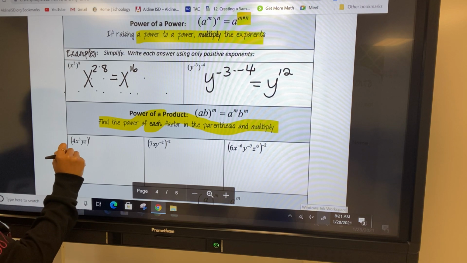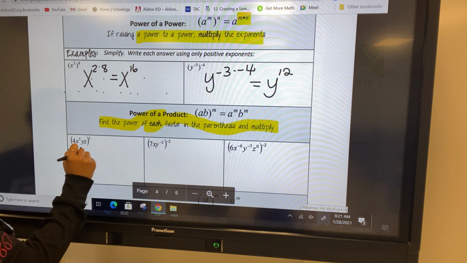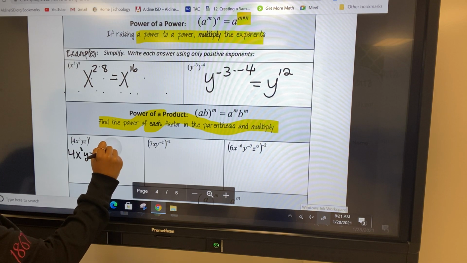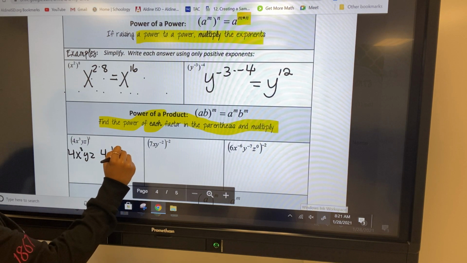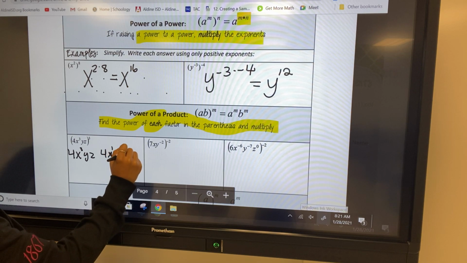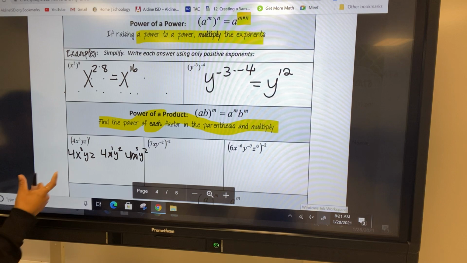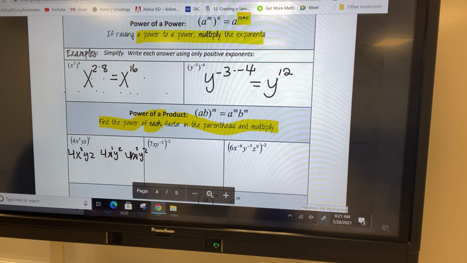So that would be like multiplying this thing four times, right? And then I would multiply all of that together, and I would get my answer, right?